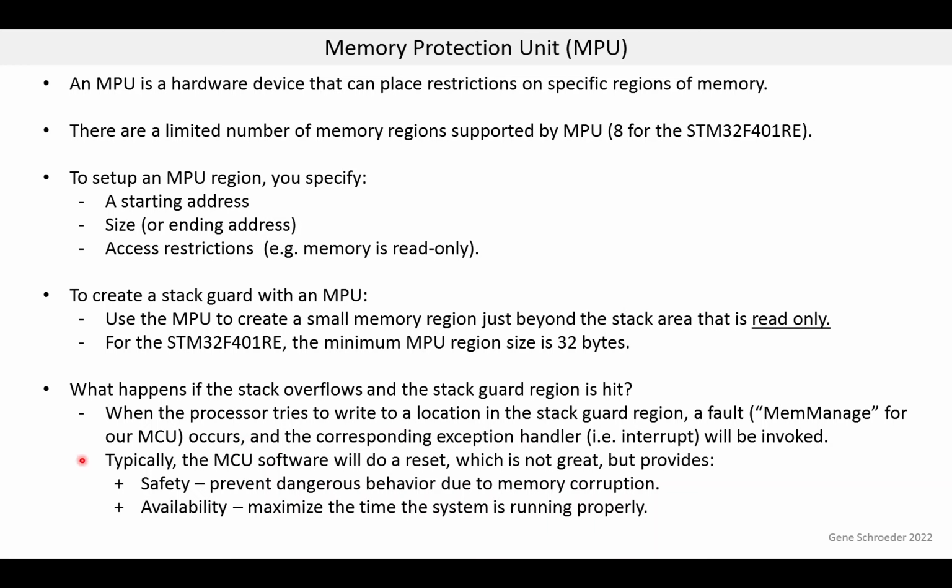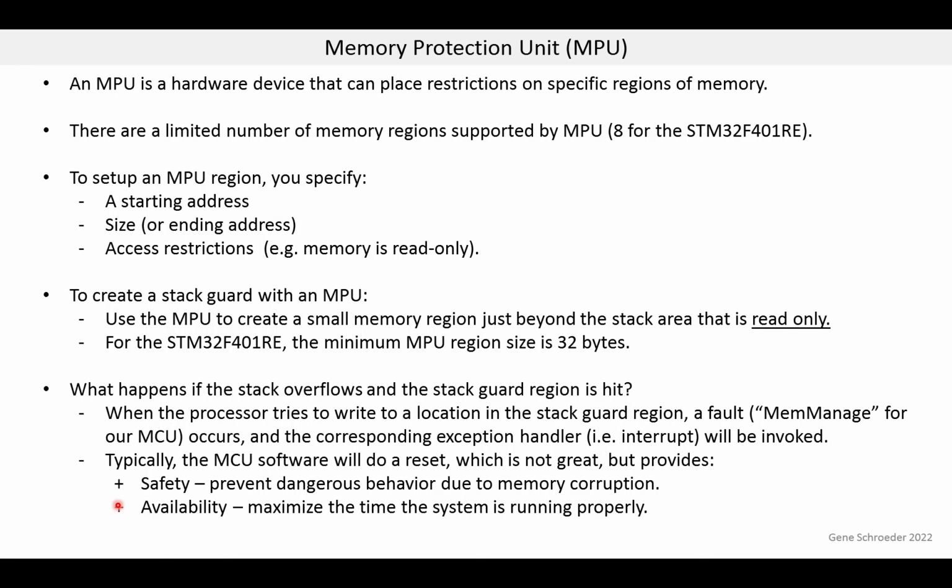Typically, it depends on the software, the MCU software will do a reset. And that's not great, but it provides some things. One is safety. The reset prevents dangerous behavior due to the memory corruption. And two, availability. We want to maximize the time the system is running properly.